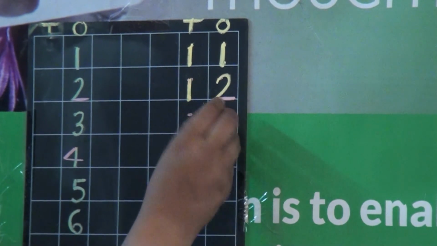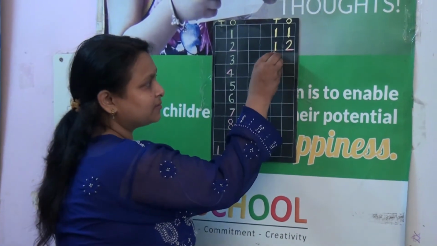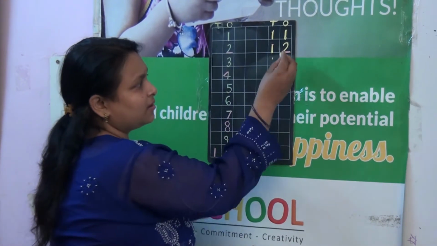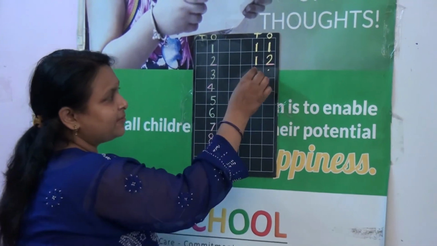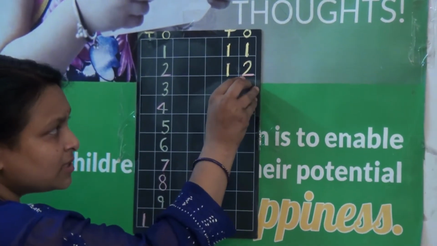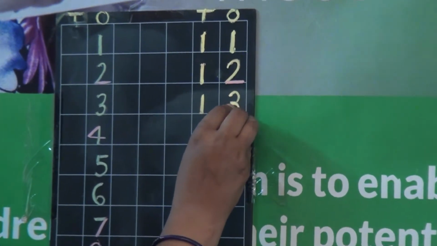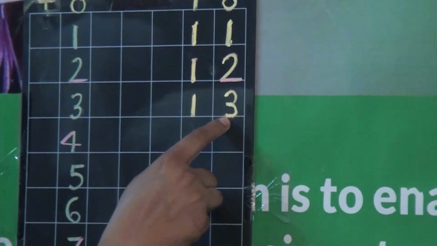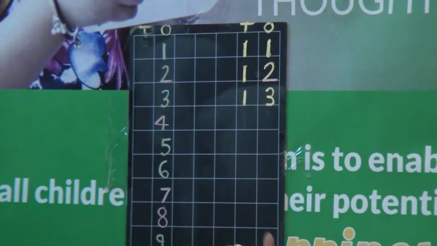First curve. Make a dot in the center. Then one more dot in the center. Then make 1 here and small curve. 1, 3, 13. Which number is this?